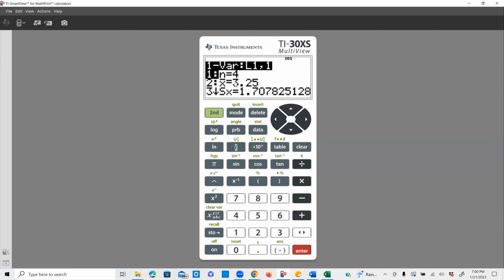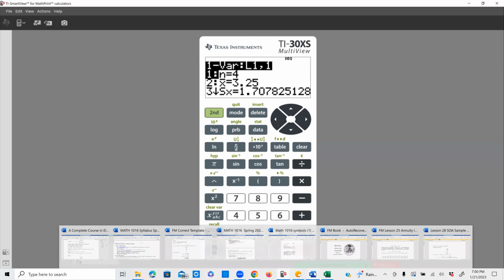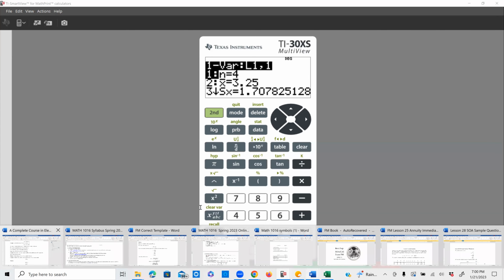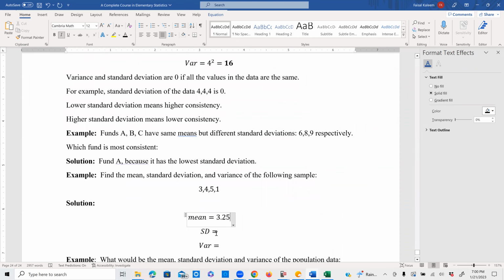So mean is 3.25 and standard deviation is 1.708. So Sx is the sample standard deviation. So mean 3.25. And standard deviation was 1.708.